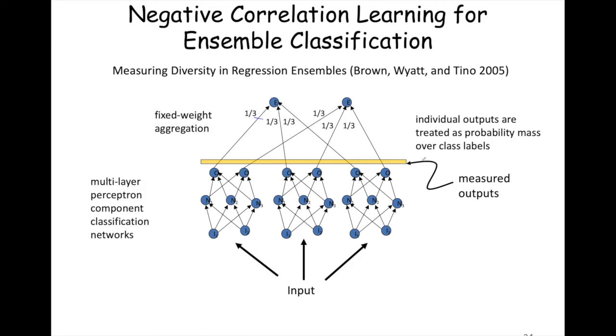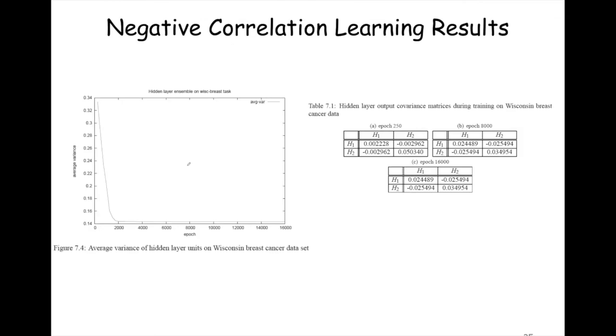And so they instrumented the outputs at these output layers for the individual multi-layer perceptrons, and then measured the covariance between these outputs as we train the multi-layer perceptron over a number of epochs. And so this is the result. I replicated that result on a number of UCI standard data sets, and this particular plot is for the Wisconsin breast cancer data set.